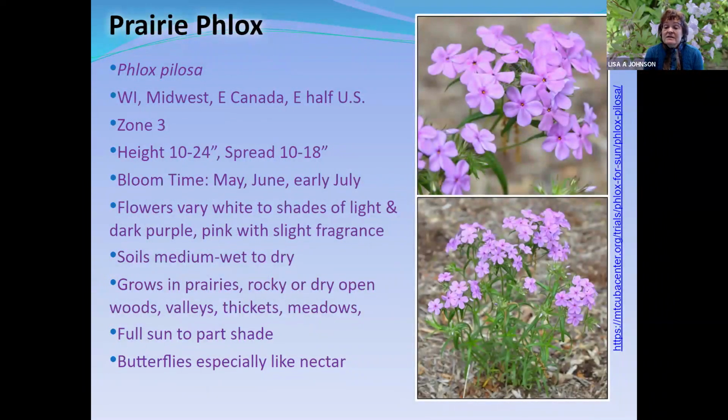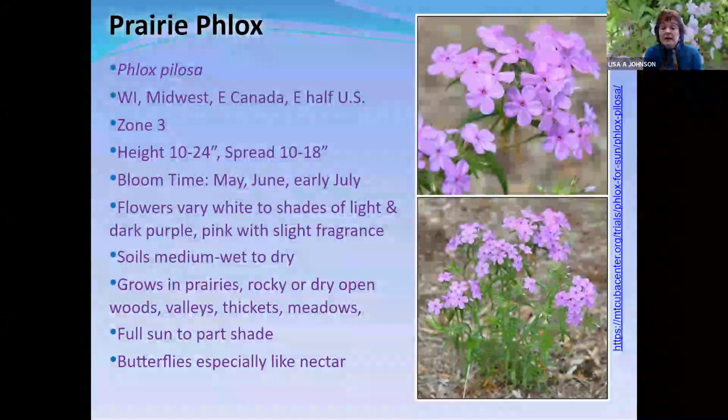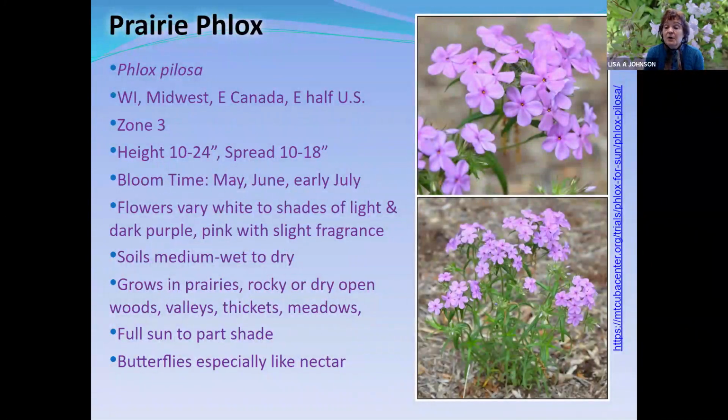Dame's Rocket looks similar and has a similar color range because they both will vary from white to pink to maybe a darker purple or this orchid color. But Dame's Rocket, the invasive, is in the mustard family, and the flowers have 4 petals, not 5. And the leaves are much fuzzier and bigger on the Dame's Rocket.